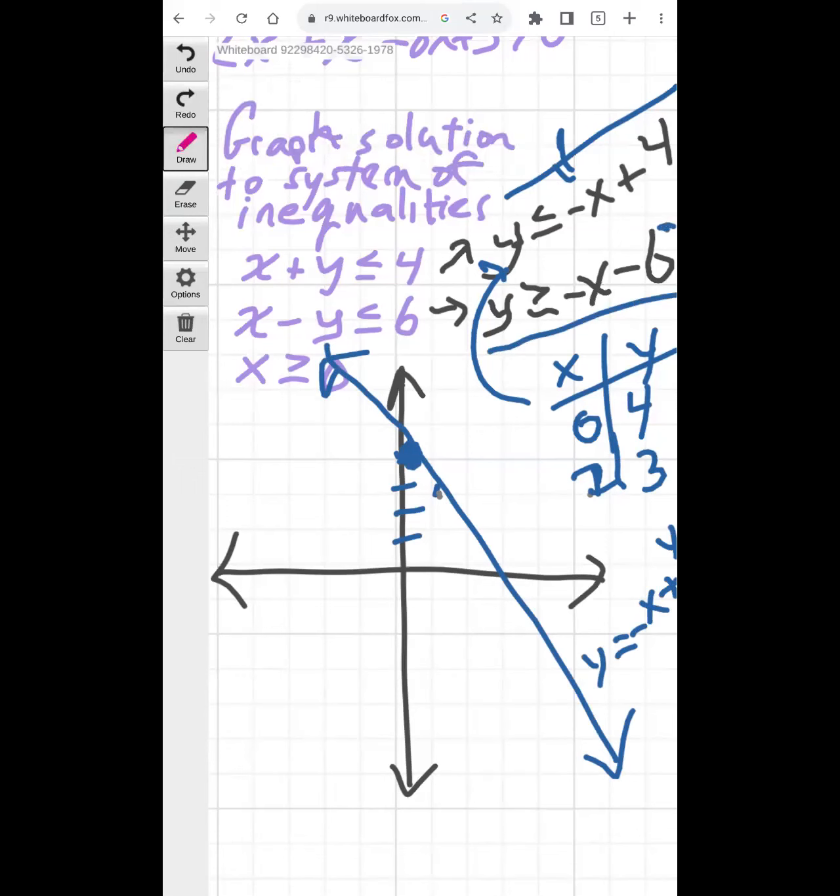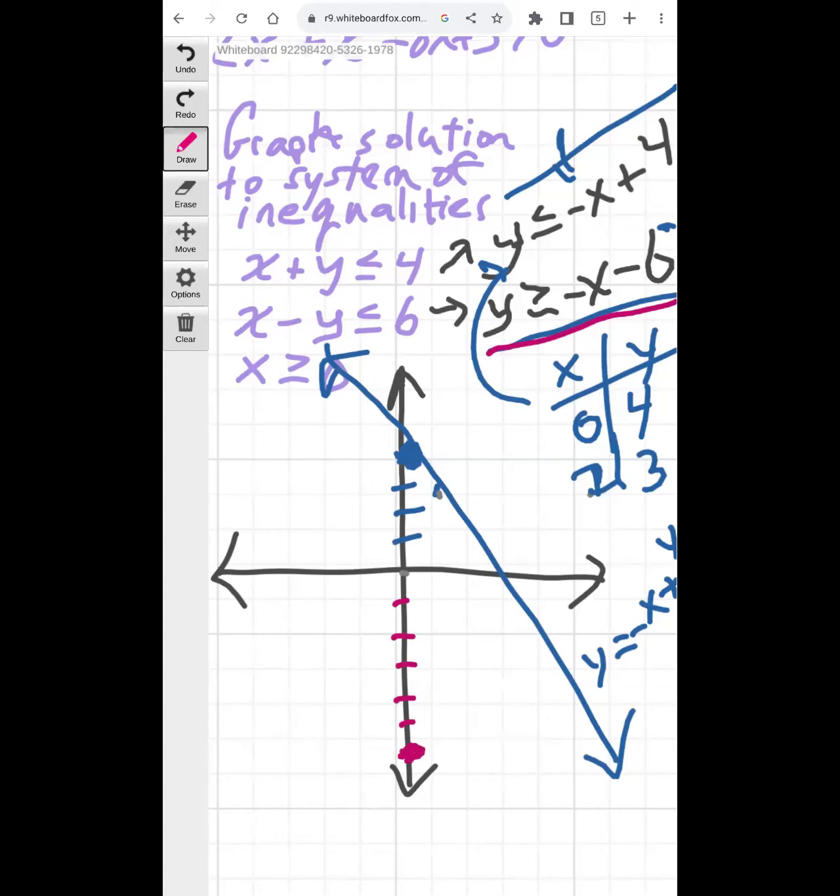So if x is 0, then y is going to be negative 6. So we start at 0, negative 1, negative 2, negative 3, negative 4, negative 5, negative 6. And then for a second point, let's use another point.